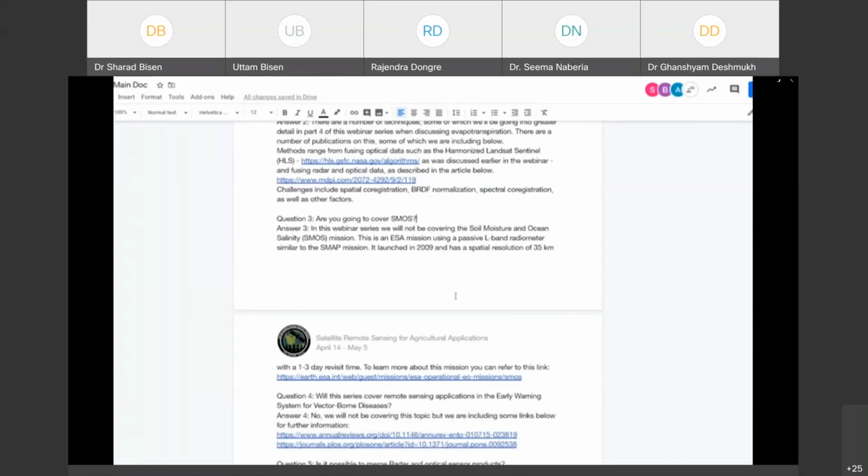It's a European Space Agency mission, which, similar to SMAP, uses a passive L-band radiometer. And we provided a link below so you can learn more about it, as well as accessing data from this mission. But no, we will not be covering it during this webinar series.